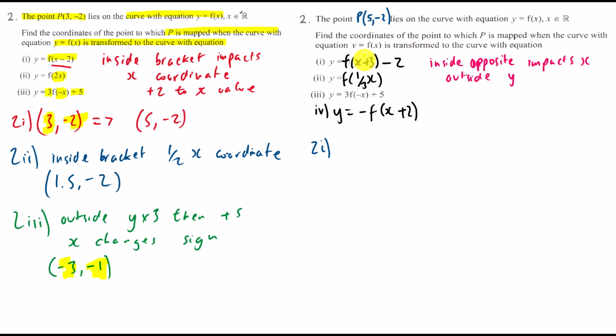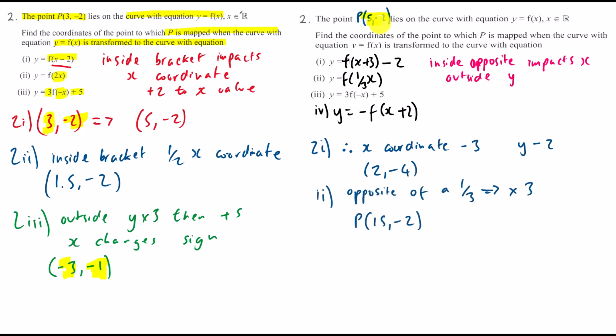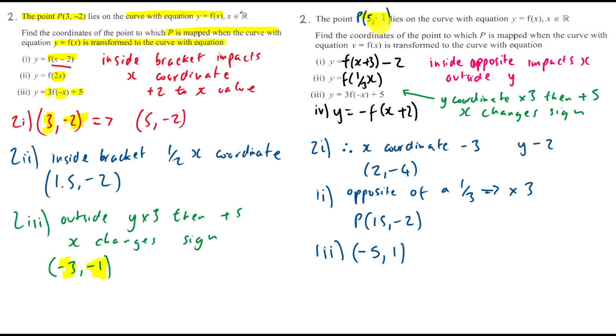So inside, opposite impacts x, so we minus the x coordinate by 3 and then minus the y coordinate by 2. Okay, so this is what our new coordinate would be. Part 2, we're multiplying the x coordinate by 3. Part 3, like before, using the same skill, multiplying the y coordinate by 3, then adding 5, and the x, because it's negative, it changes sign.